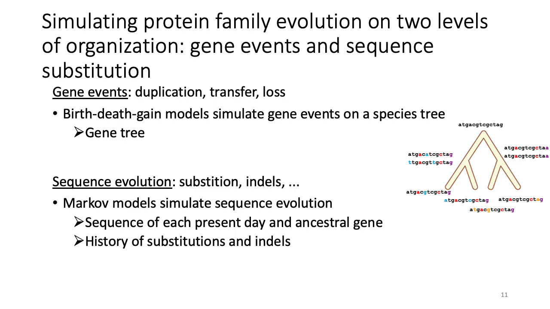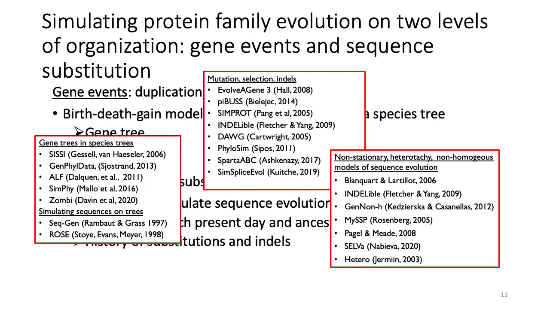The evolution of the sequence is then modeled by instantiating a sequence at the root of the gene tree and simulating the evolution of that sequence over the branches of the tree. Both of these problems are well studied, and many good software tools are available.